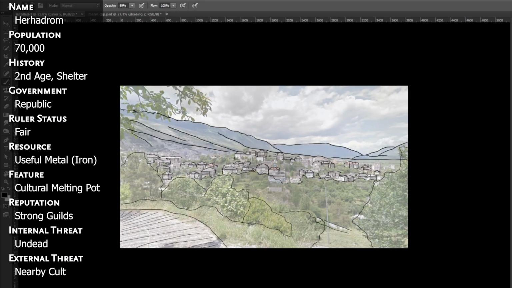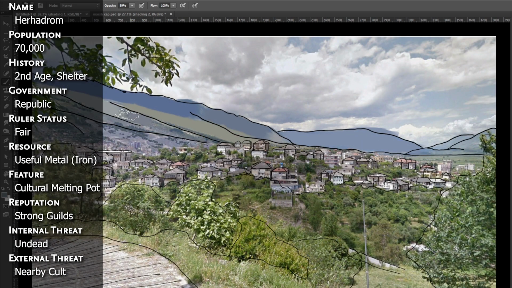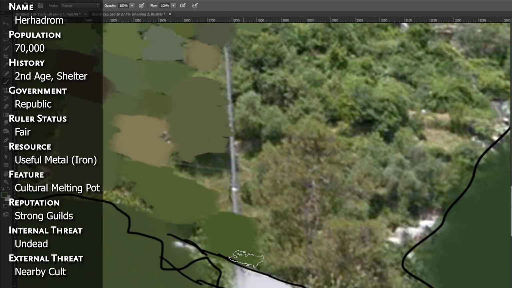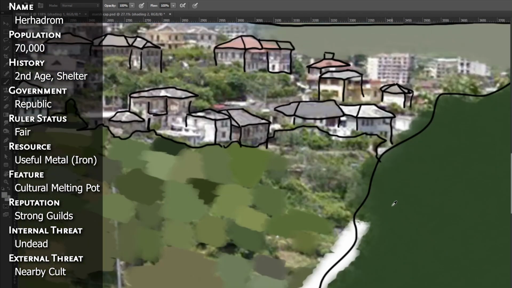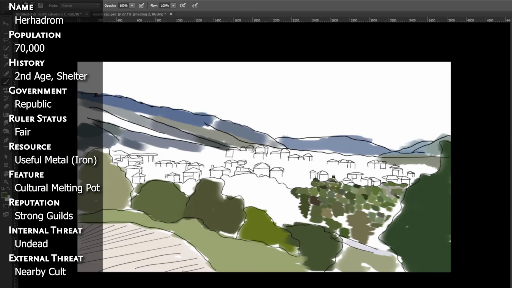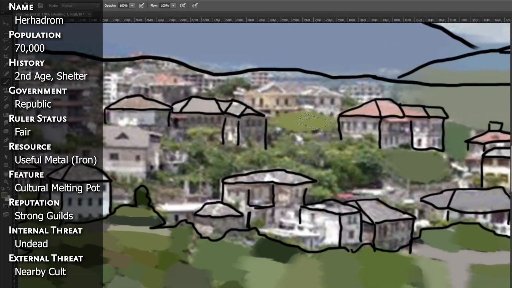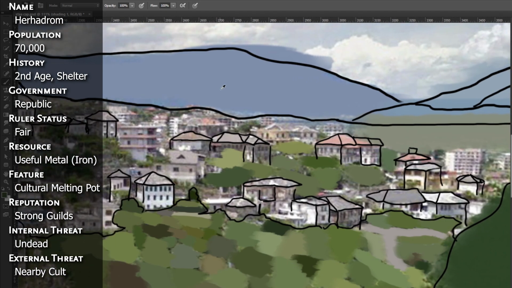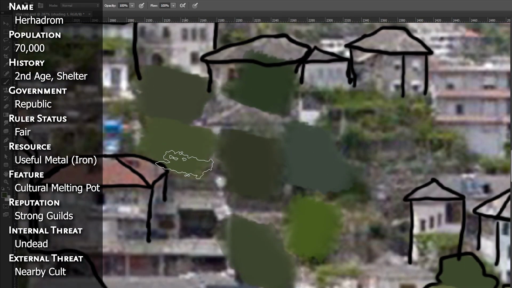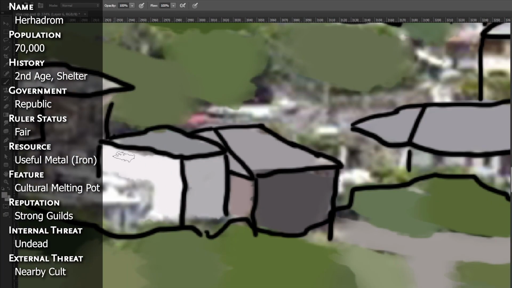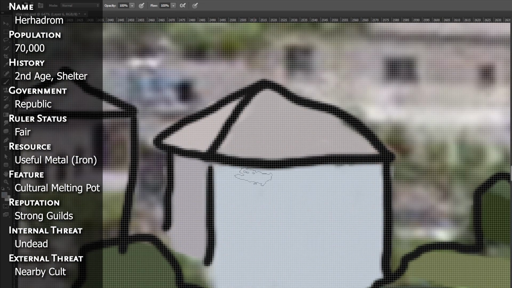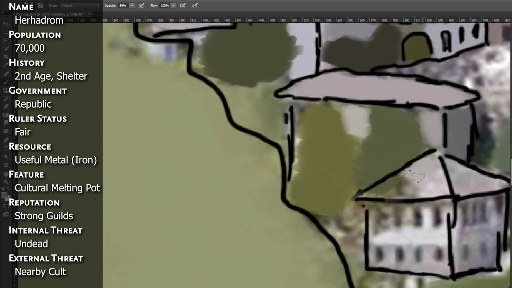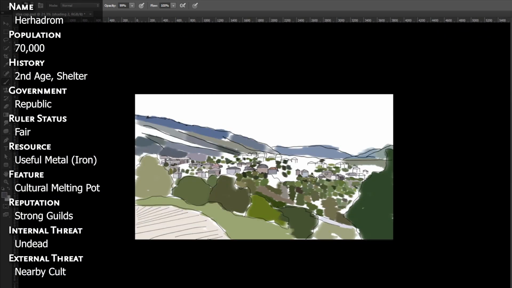How a single settlement was able to repeatedly fend off an empire has long been a subject of debate, but most agree that it wouldn't have been able to without some supernatural help. The Hevingvat offensive now ancient history, Herhadrom functions as a republic, widely known to be a bastion of freedom and independence, sporting a strong coalition of guilds, a booming economy, and a diverse population.